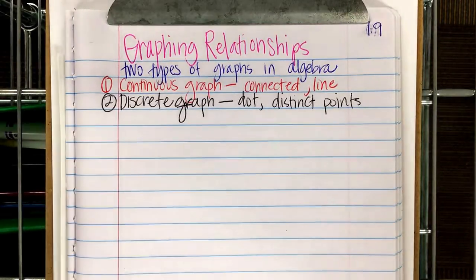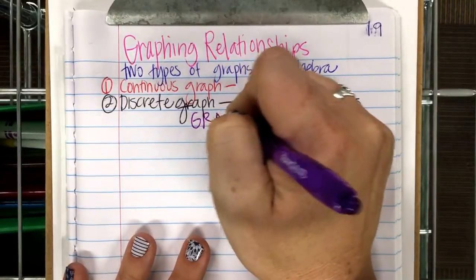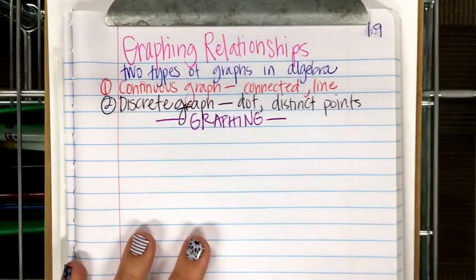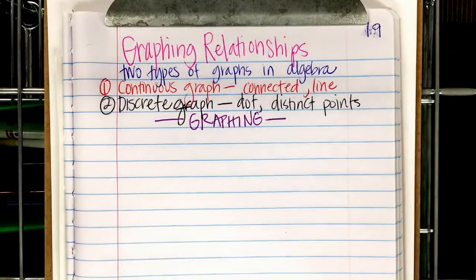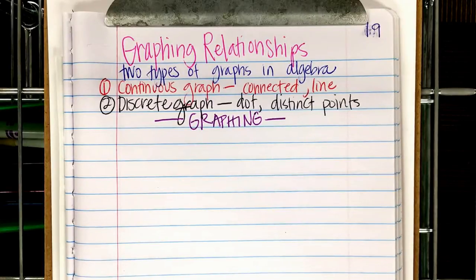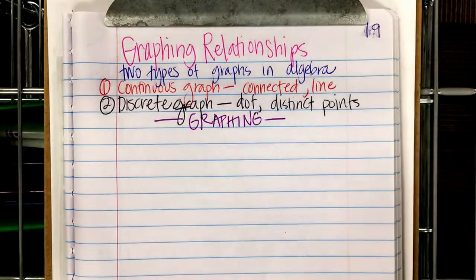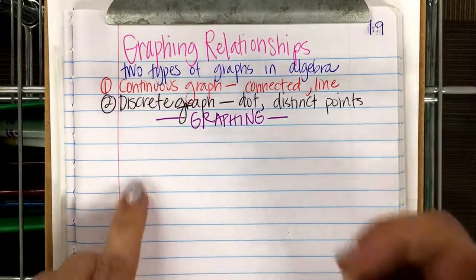So you're going to be getting some scenarios. We're going to be graphing them. Meaning they're going to give you a story and you're going to have to create a graph that mimics that story, that shows that data. Here's a very simple story.